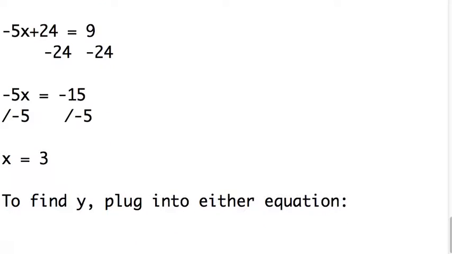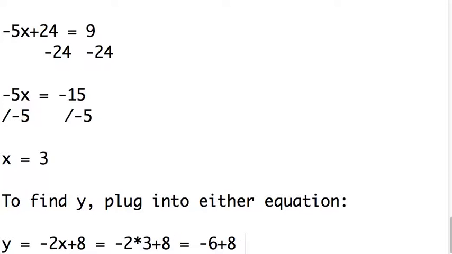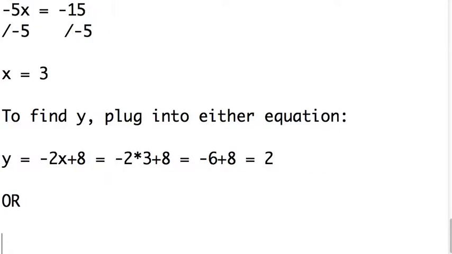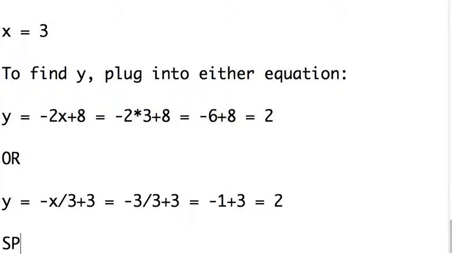The first one was y is equal to negative 2x plus 8, which is negative 2 times 3 plus 8, which is negative 6 plus 8, which is 2. Or we could have used the other equation, y is equal to negative x over 3 plus 3, which is negative 3 divided by 3 plus 3, which is negative 1 plus 3, which is 2.